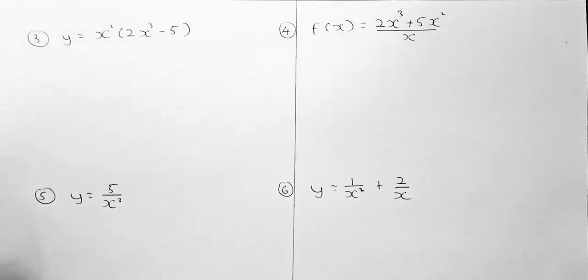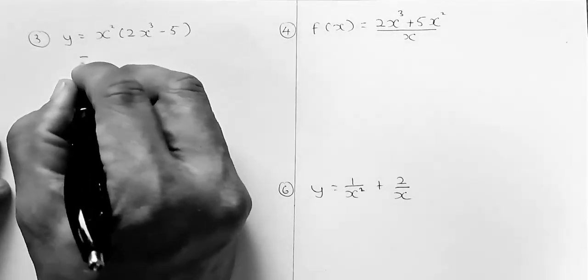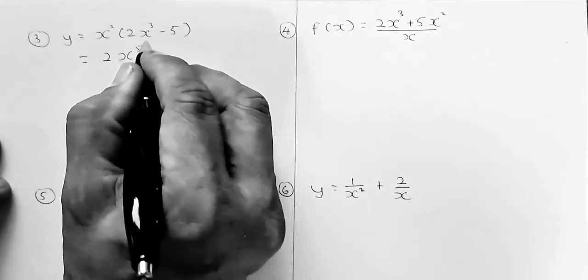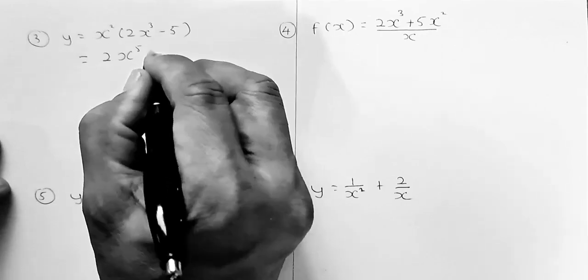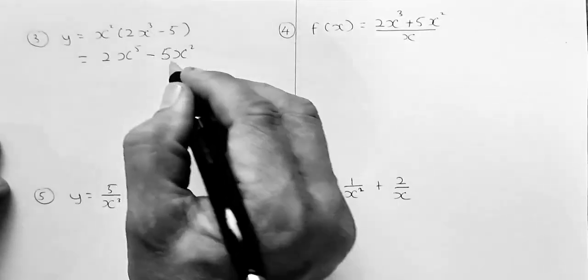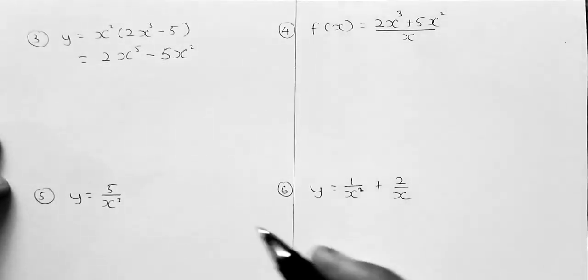So example 3, if you have y equals x squared times (2x cubed minus 5), it looks very daunting, but actually you just need to expand the bracket. So y equals 2x to the power of 5, because 2x squared times x cubed is 2x^5, minus 5x squared. Now you differentiate it.